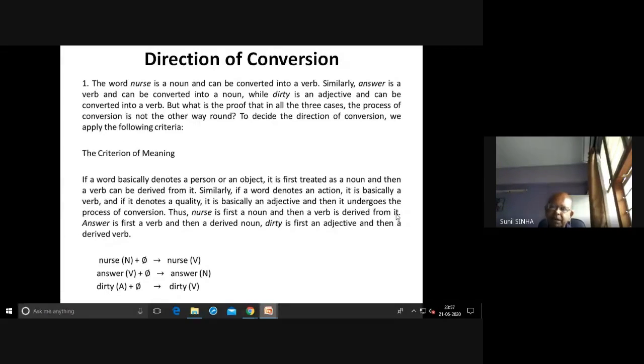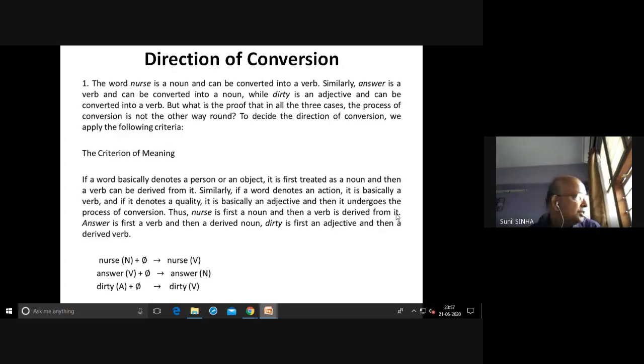Similarly, any word that refers to a quality is basically an adjective, and other words derived from it will be from adjective. So that shows the direction of conversion. The direction of conversion in nurse is from noun to verb.